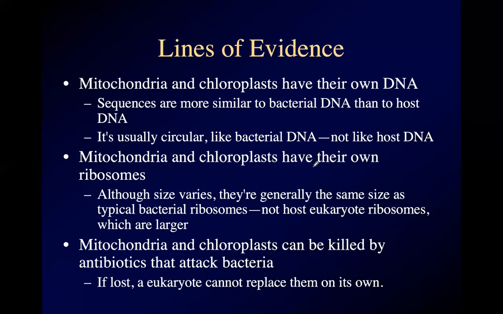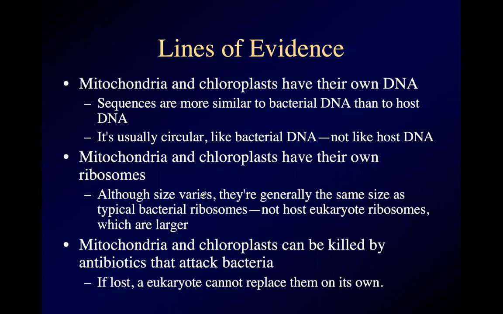Mitochondria and chloroplasts also have their own ribosomes. Bacterial ribosomes are a little smaller than eukaryote ribosomes, but mitochondria and chloroplasts generally have bacteria-sized ribosomes, not host eukaryote-sized ribosomes.